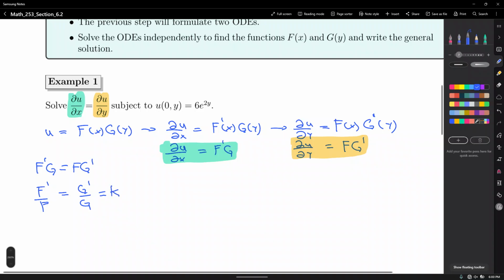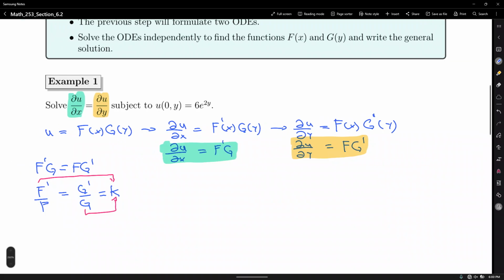That is what we call the separation constant or constant of separation, however you're going to call it. That means this side equals k and this other side also equals k. Let's write down those two equations separately.